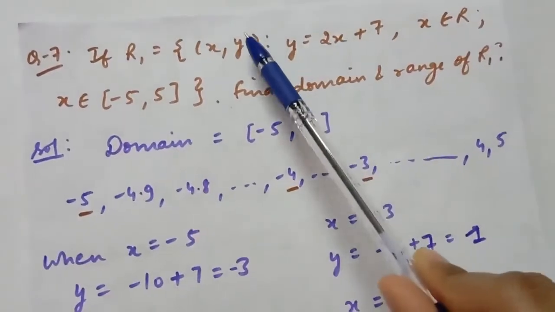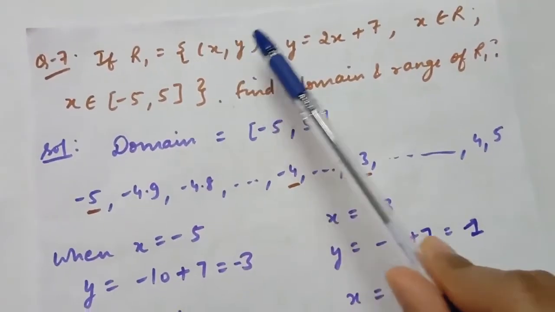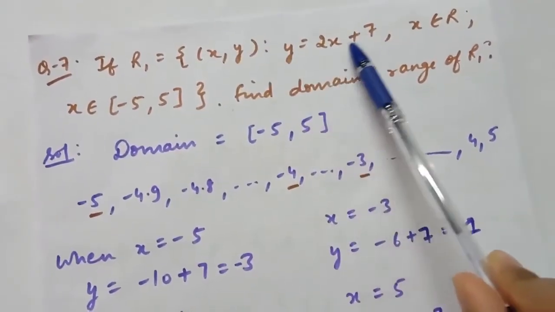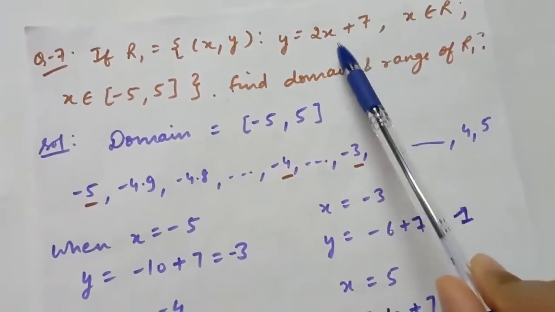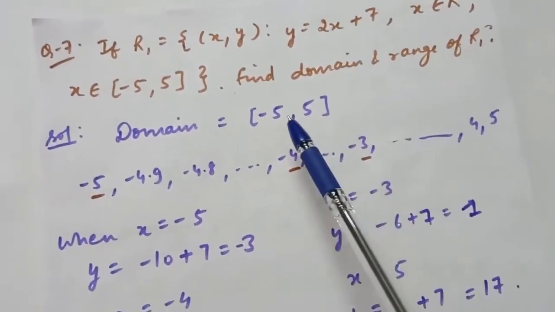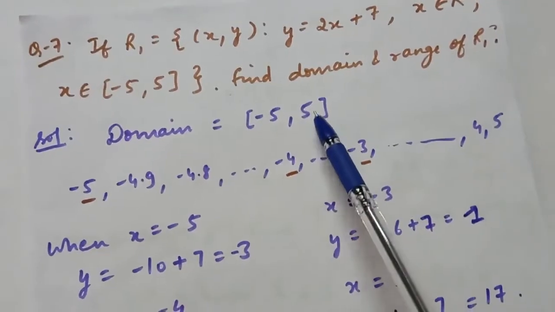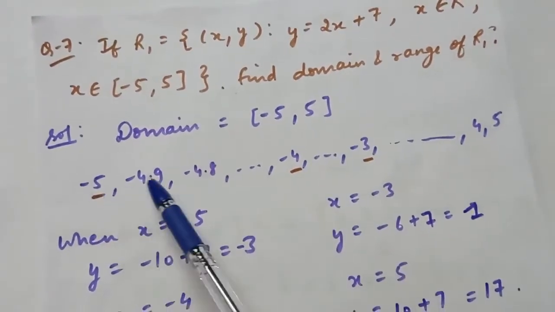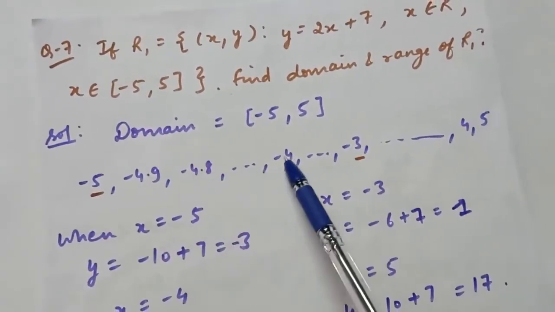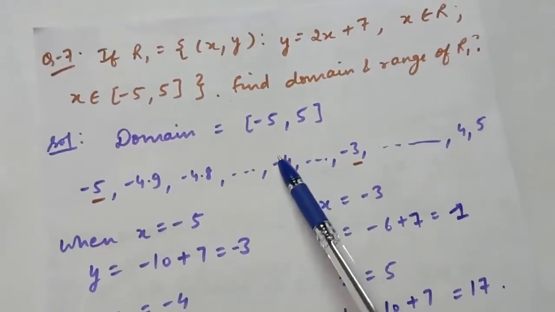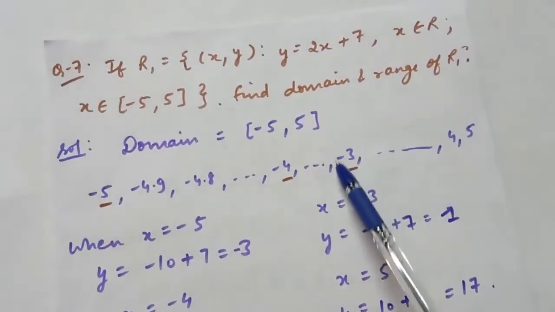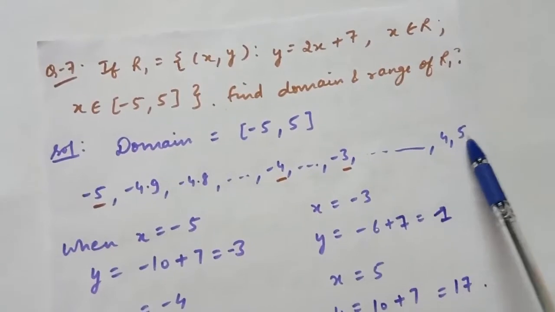Now the range will be the second element y. Now y is defined as 2x plus 7, so we will find the range. The domain is -5 to 5, so it will be -5, -4.9 and so on, then -4, then -3 and so on up to 5.